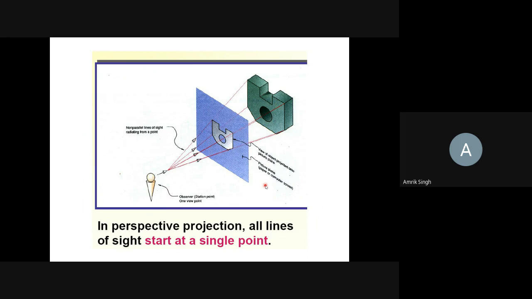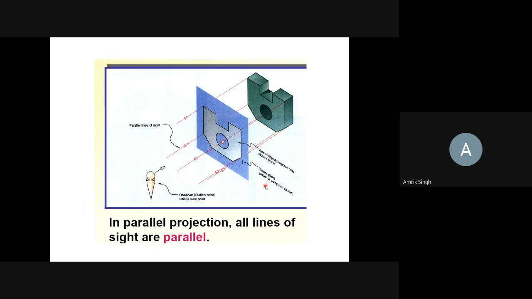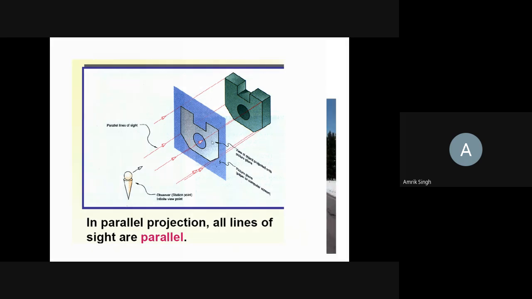So this is the parallel projection and the perspective projection. In the case of parallel projection, the observer is standing here and the parallel lines of sight start from each edge of the object. We see the object on the picture plane which is parallel to the object.